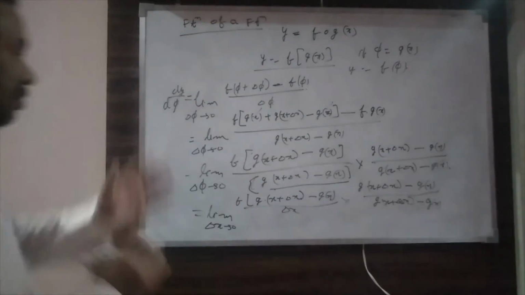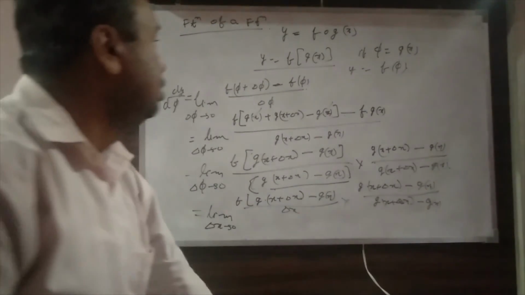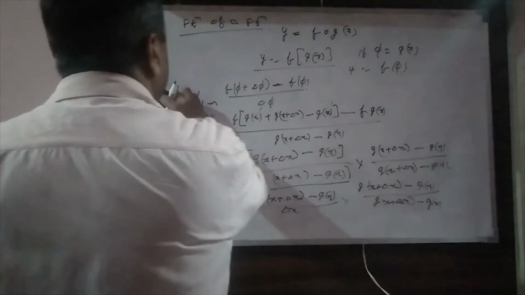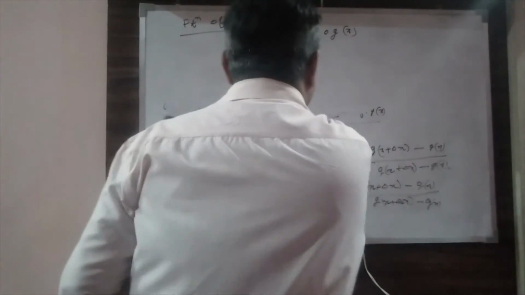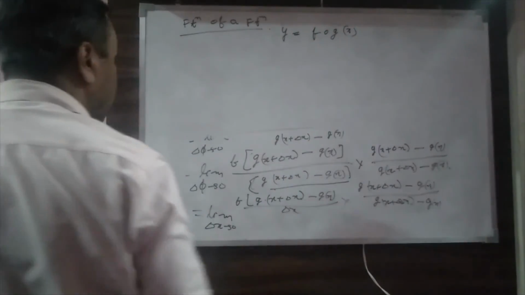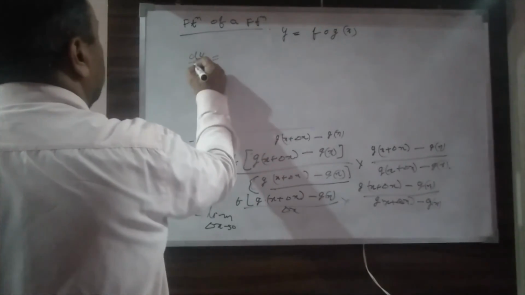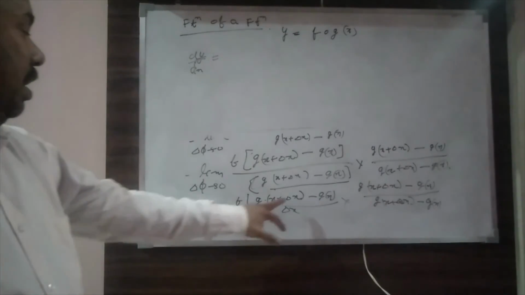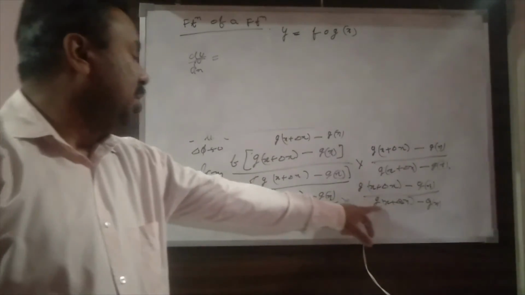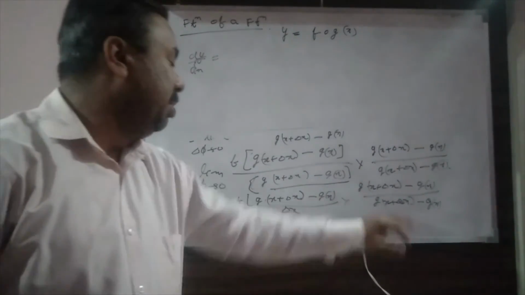Okay. Now just rearrange. After rearrangement, what I get is dy by dx equal to, see, this denominator I will take there and this will be taken there.